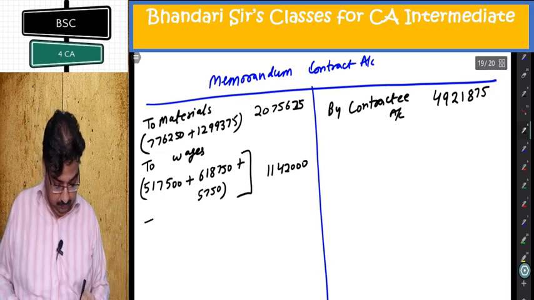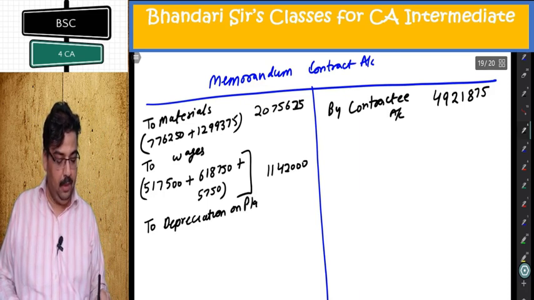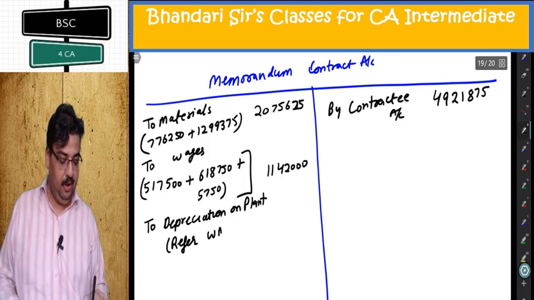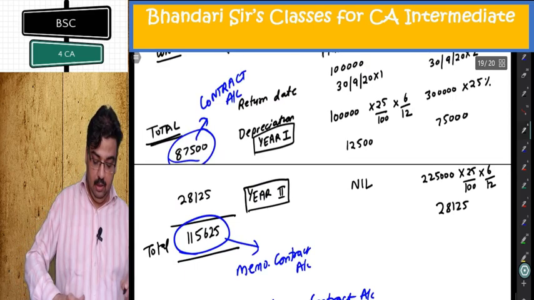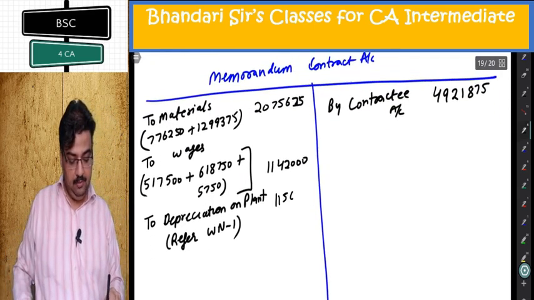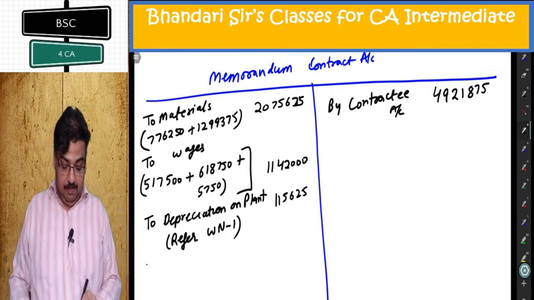Then to depreciation on plant. Refer WN1 again. I computed in WN1 115,625. Then expenses.